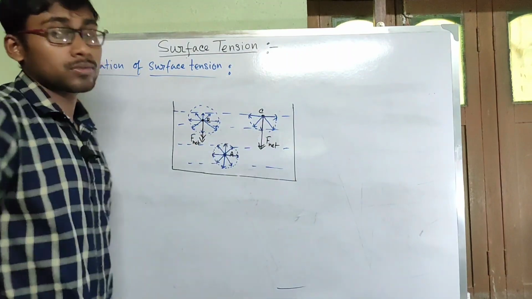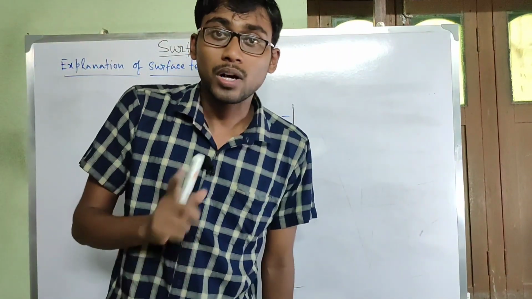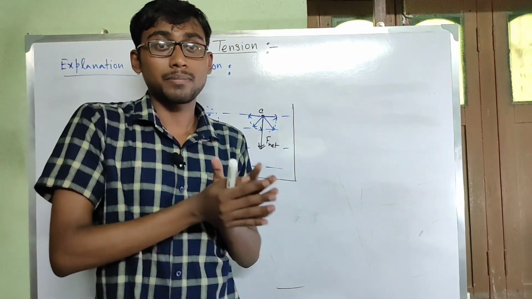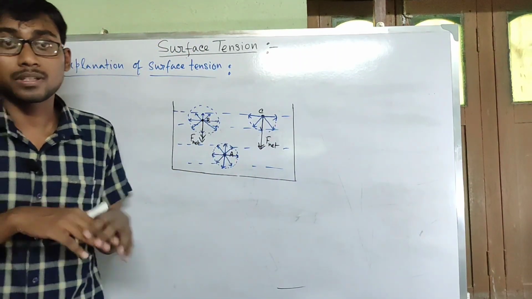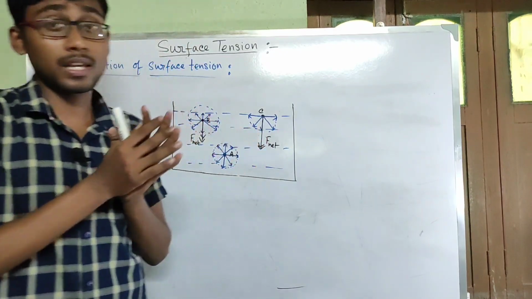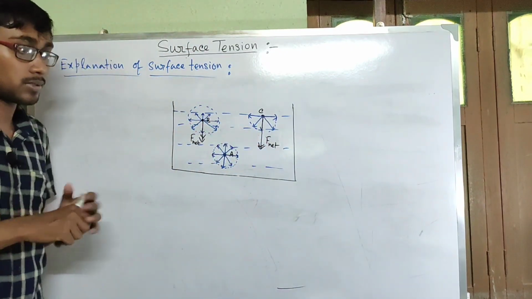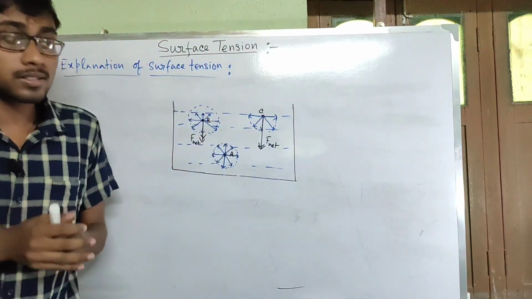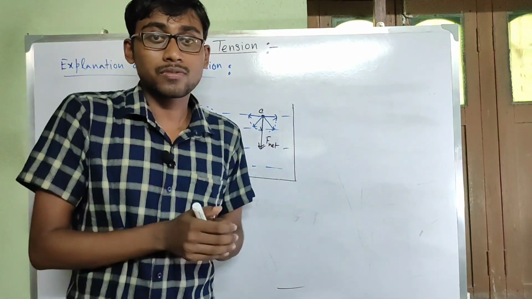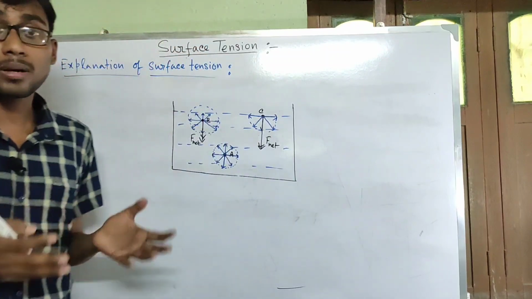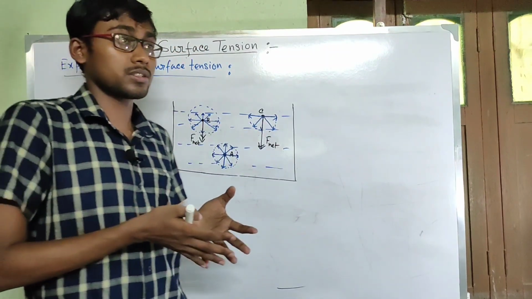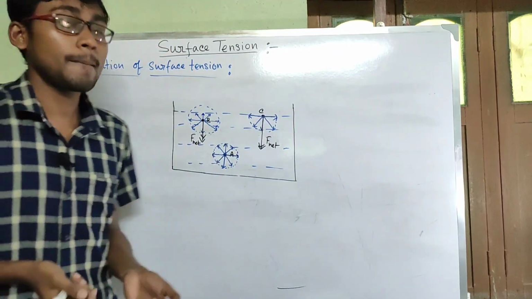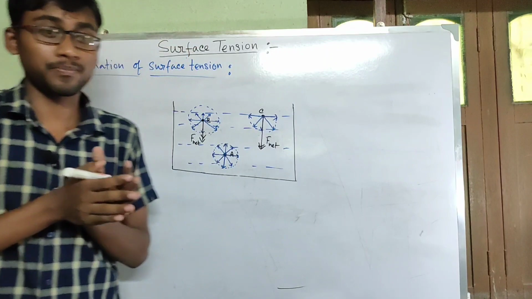So, that is why the liquid wants to keep its surface area minimum, and the liquid surface behaves just like a stretched elastic membrane to minimize its potential energy, or to occupy minimum surface area.